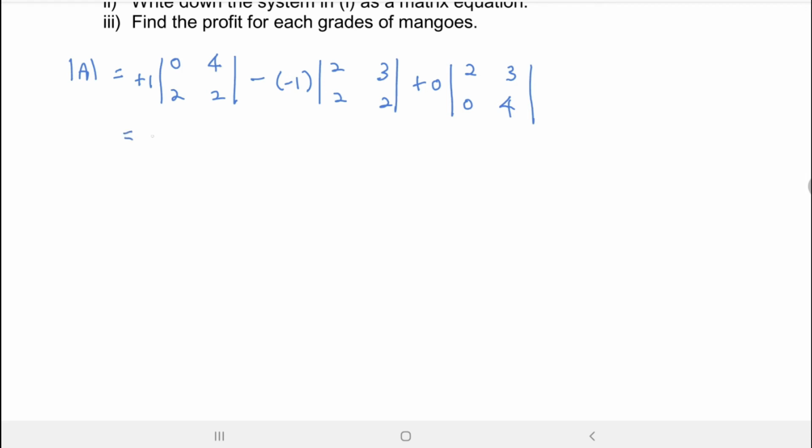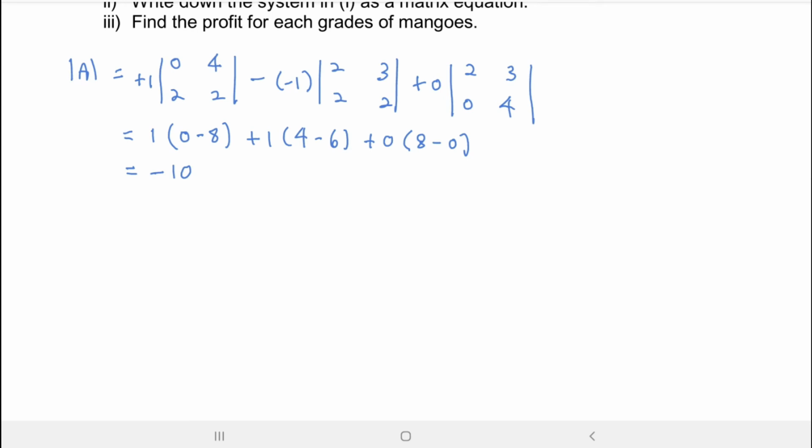Then you solve it, you will get 1 times (0 minus 8), plus 1 times (4 minus 6), plus 0 times (8 minus 0). Then you calculate, you will get the determinant is negative 10.